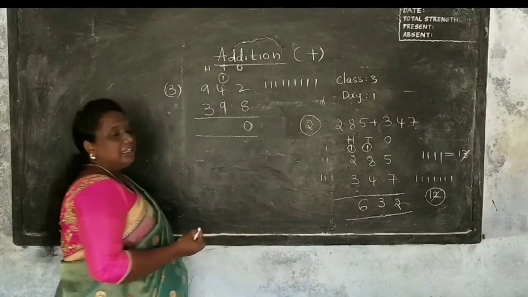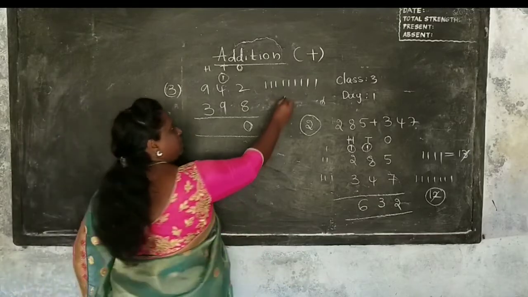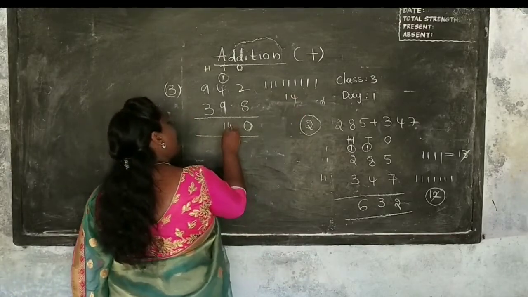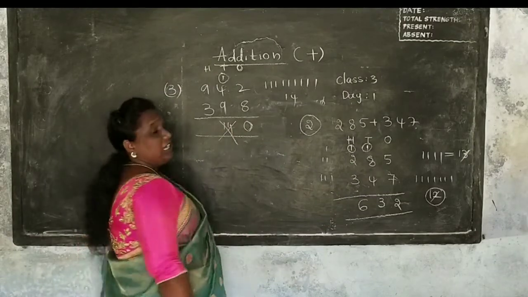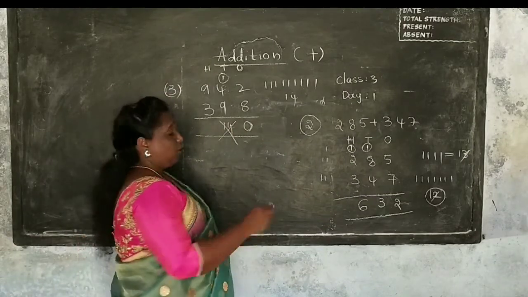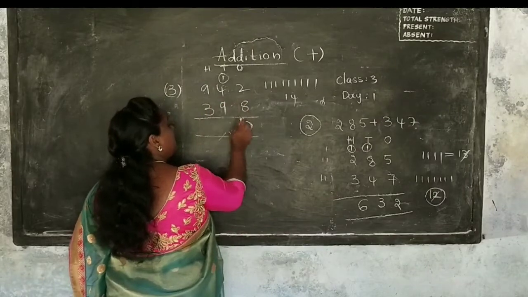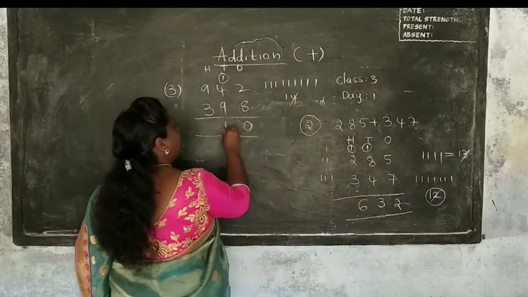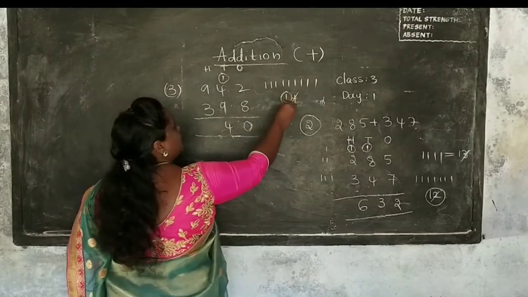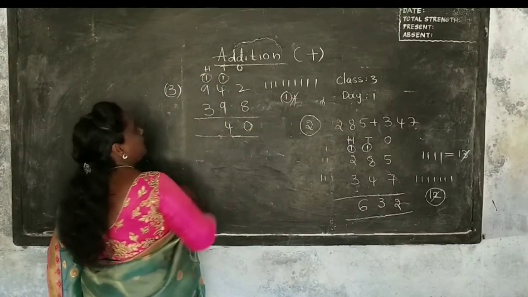So 5 plus 9, how much, beta? 14. So I'm writing 14 here. Is it correct? No, it is absolutely wrong. We should write 4 here and 1 we should carry to the next column.